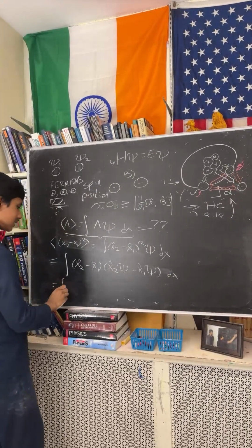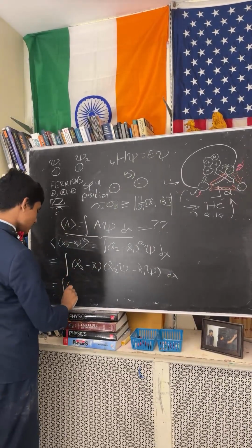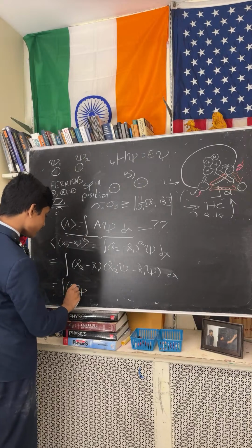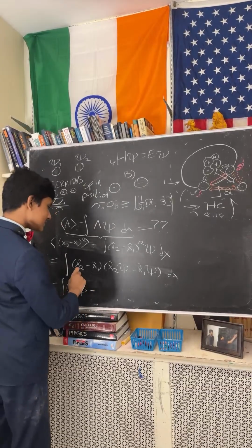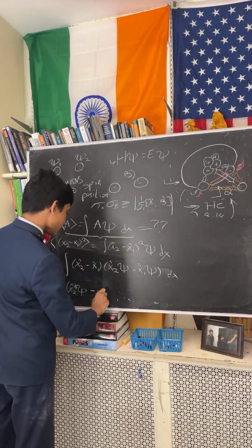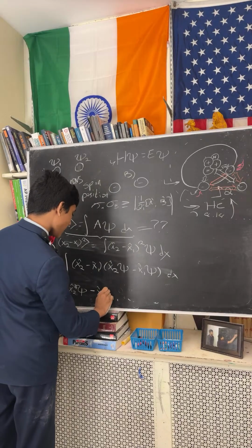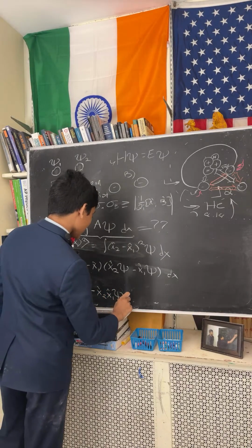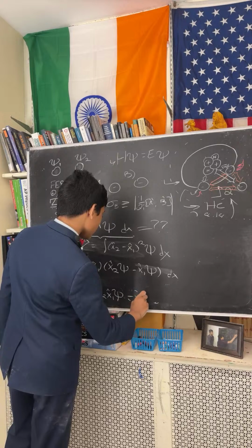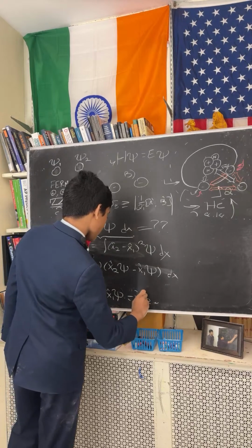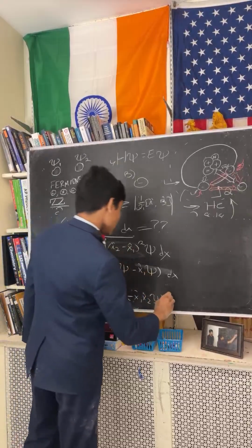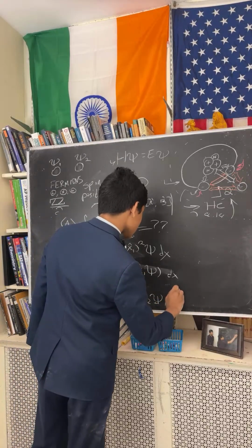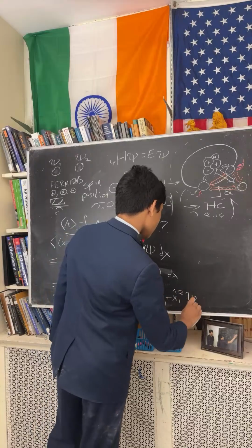Which means that you now have x2 squared phi, minus x2 x1 phi, minus x1 x2 phi, plus x1 squared psi.